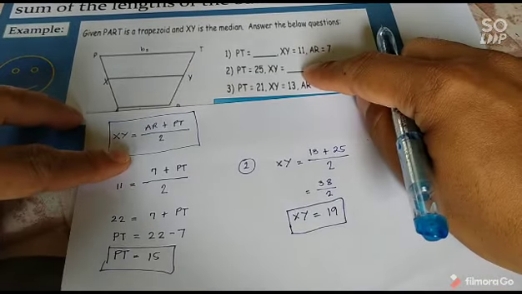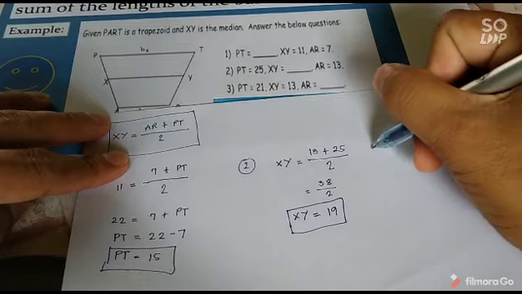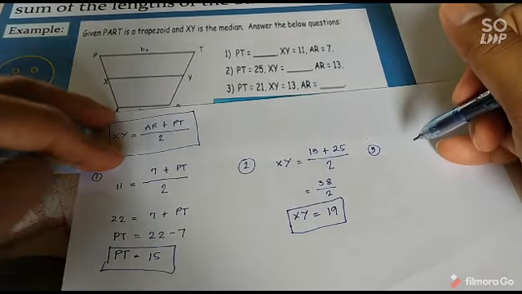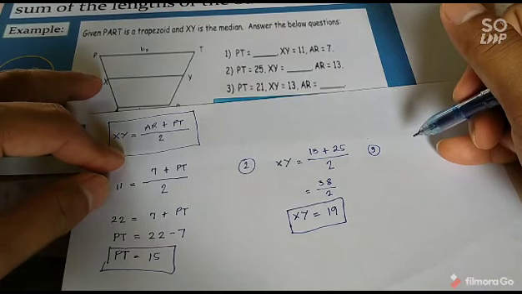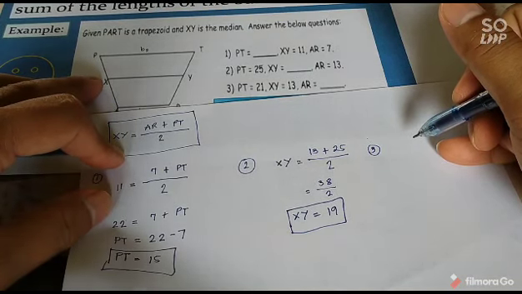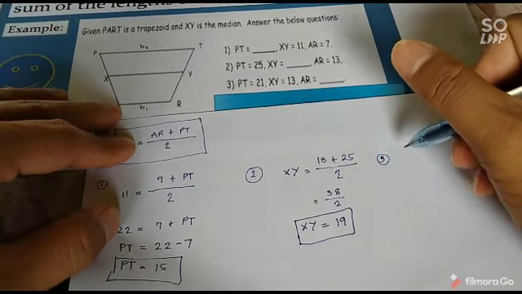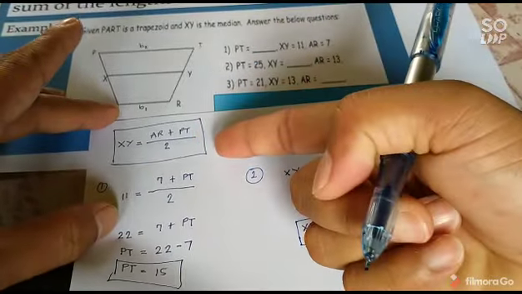So this is 19. For number 3, you would have segment PT, where the base 2 is 21, and segment XY, as your median, is 13, and we're looking for the base 1. So still, you will be using this formula.